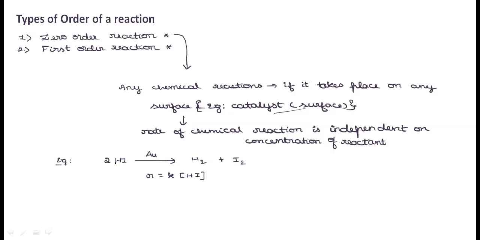According to the rate equation form, the stoichiometric power 2 has to be raised and the order of the reaction was supposed to be 2. But as it is taking place on the surface of gold, instead of 2, the power will be considered as 0, because the rate of the chemical reaction is independent of the concentration of reactant. Hence, R is equal to K will be seen only for a zero order reaction.